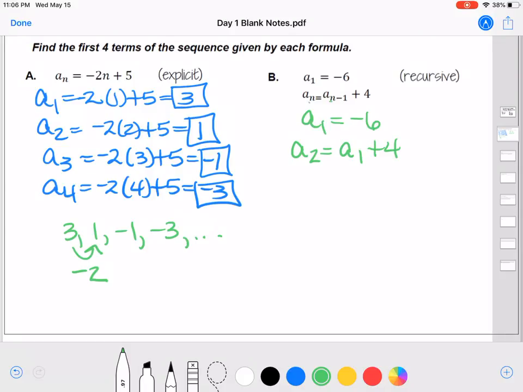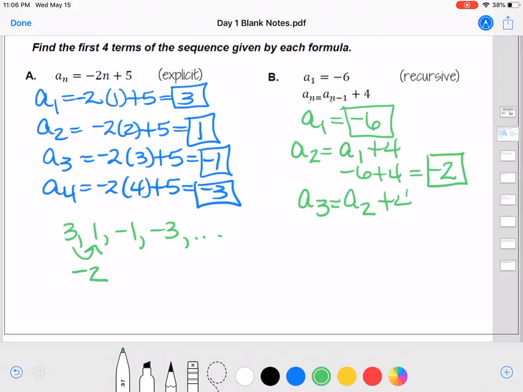We plug our a sub 1 in, negative 6, plus the 4 gives us a sub 2 is negative 2. Now if I wanted a sub 3, the third term in the sequence, a sub 3 is a sub 2 plus 4. We're always taking the previous term, so a sub 2 is negative 2, and we're adding 4, that's going to give us 2 for our third term.